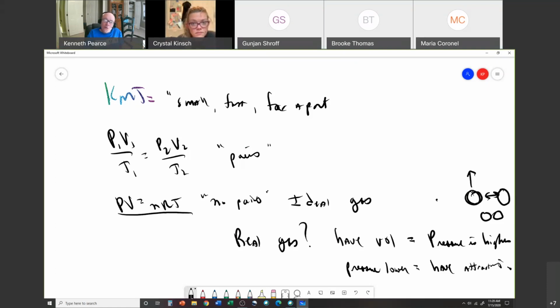This actually works very well. It works well at low pressure and high temperatures. Low pressures and high temperatures, the ideal gas law works really well. It turns out that the air that you're breathing is technically low pressure.